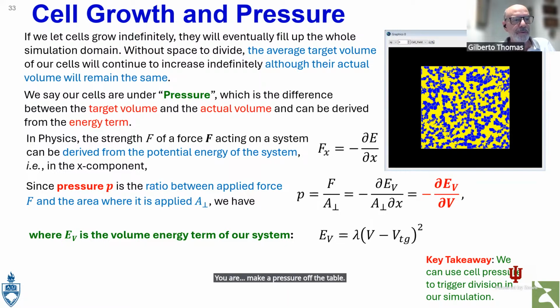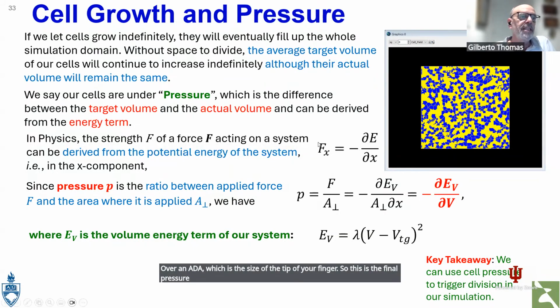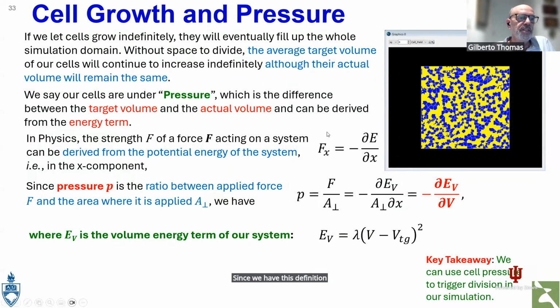So when you press, you are exerting a force over an area which is the size of the tip of your finger. So this defines a pressure. Since we have this definition here for force, we can replace force with this definition. We have the second expression here.